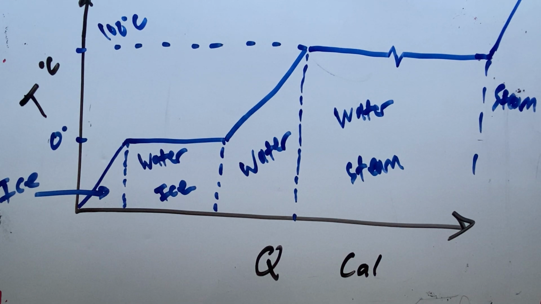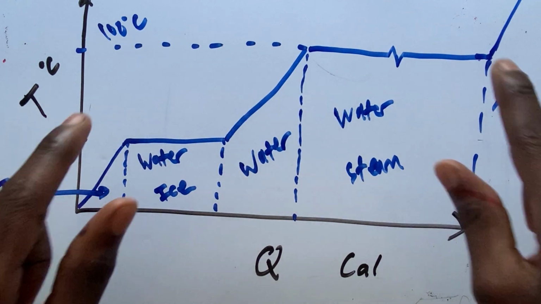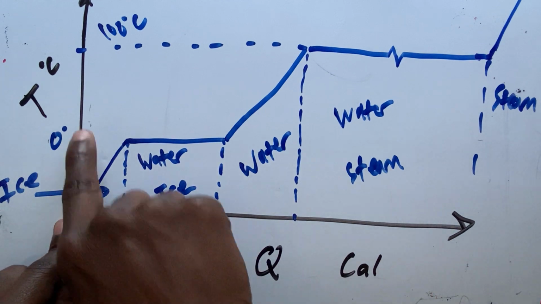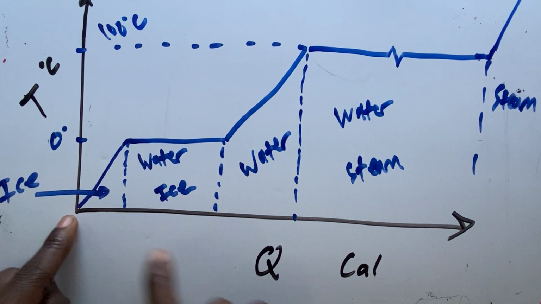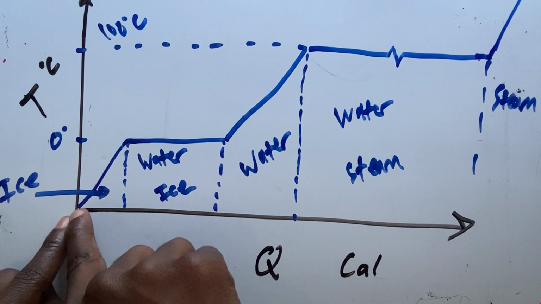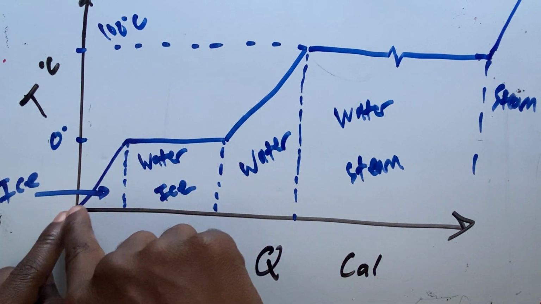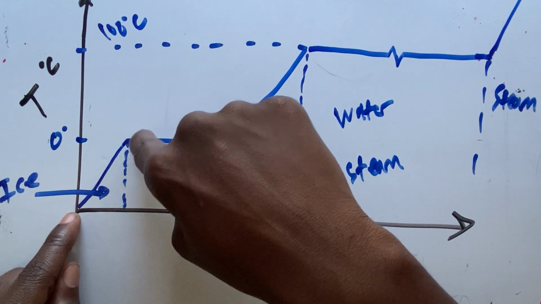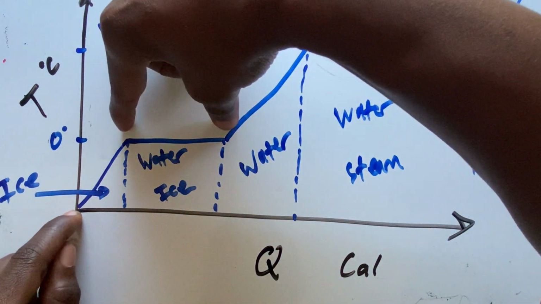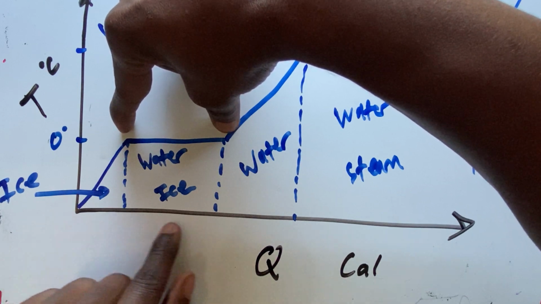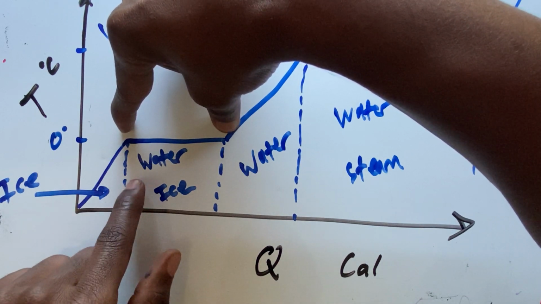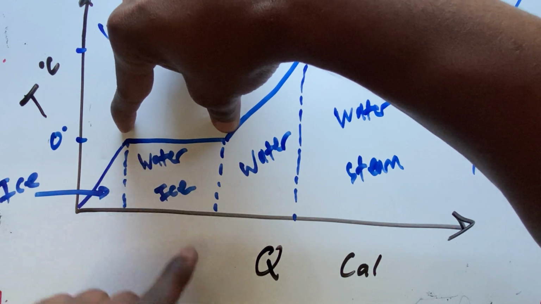So basically what I want you to see here is that when it's below 0, we have ice. Then we add some heat. So we go to the right, adding heat, which increases the temperature. This ice gets to 0 degrees. Now it's starting to melt. For this region, we have to add a certain amount of heat for this ice to melt and become water.